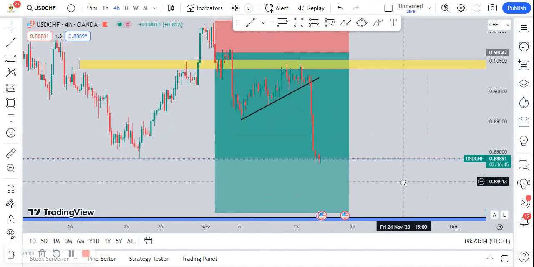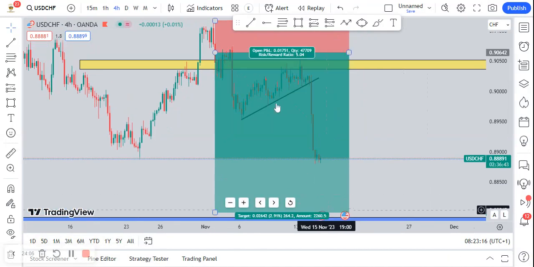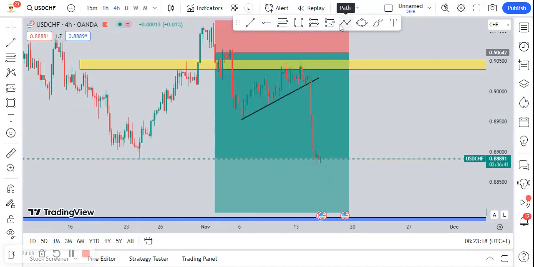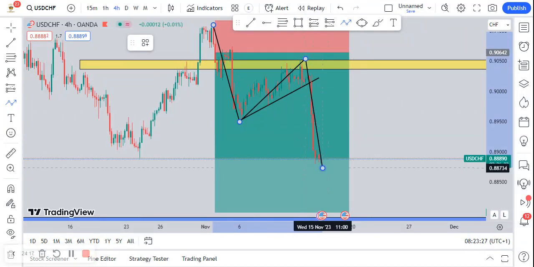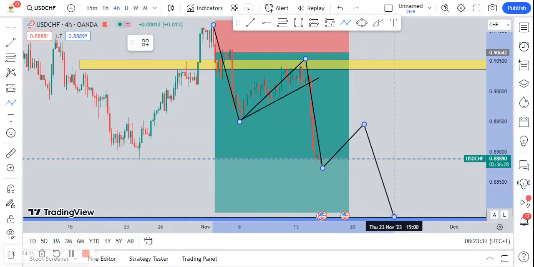So before the market will still get here, it will still consolidate. We will still push. The market doesn't move in a straight line. We push again. We still push down again. Still push again. Then boom. So this is what I'm expecting on this pair currently.